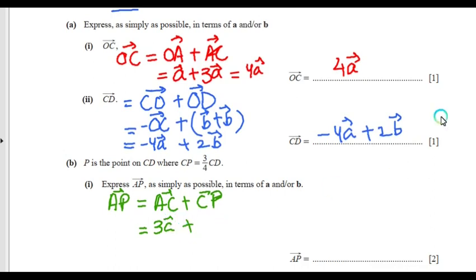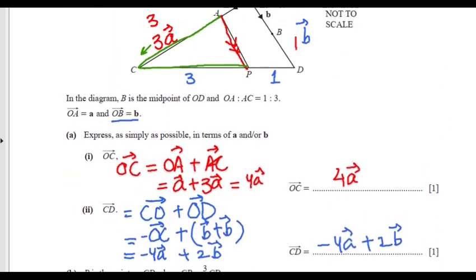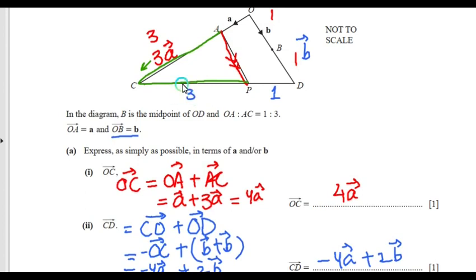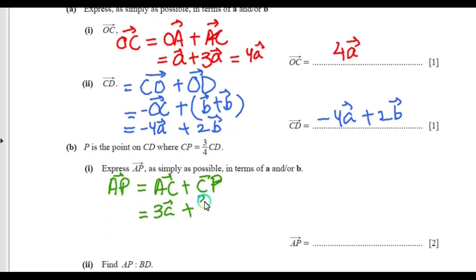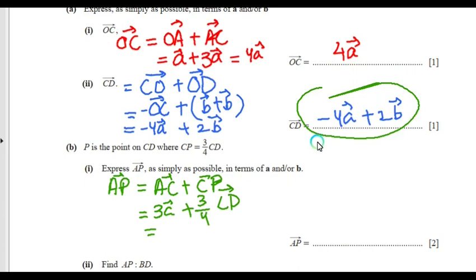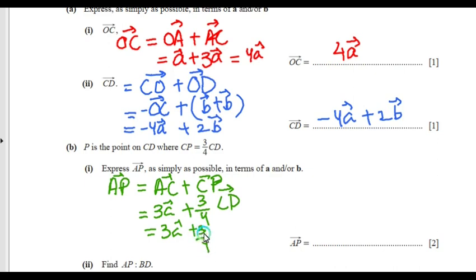So we have to write AP. AP is this vector, and it's a sum of 2 vectors.